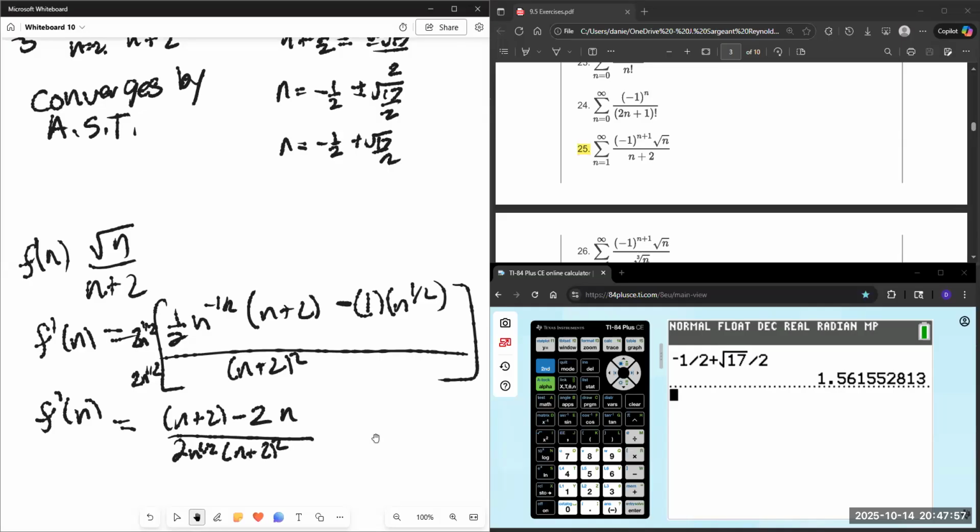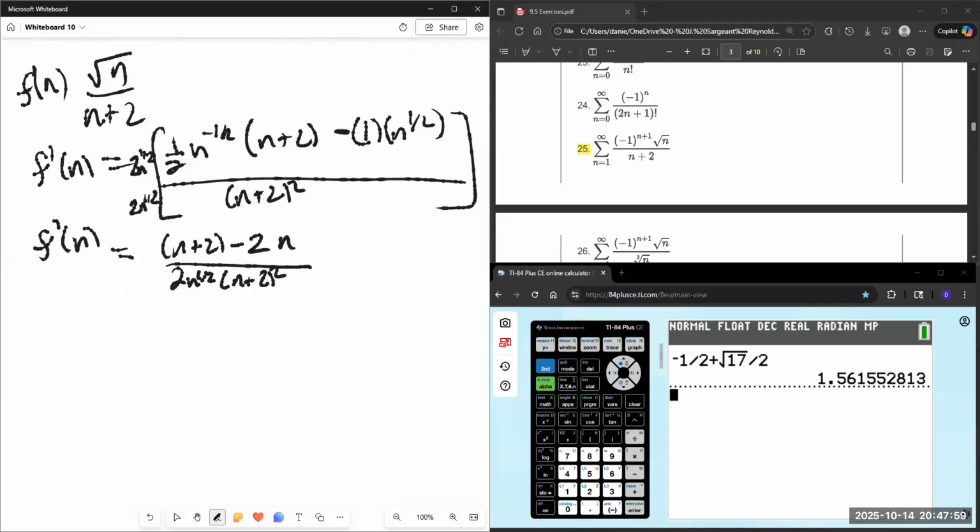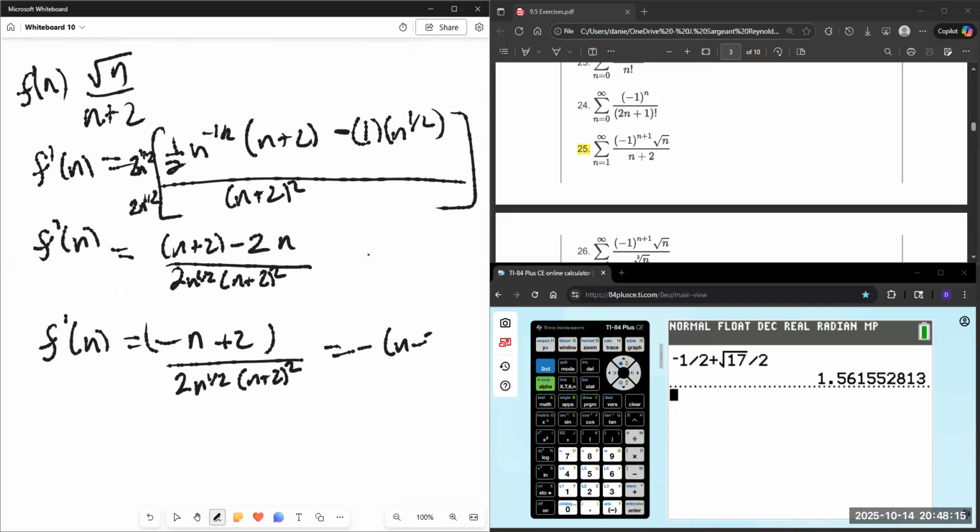So f prime of n is a negative n plus 2 over 2n to the 1/2 n plus 2 to the second, which is equal to negative n minus 2 over 2n to the 1/2 n plus 2 squared.